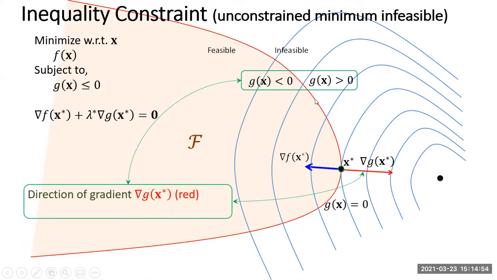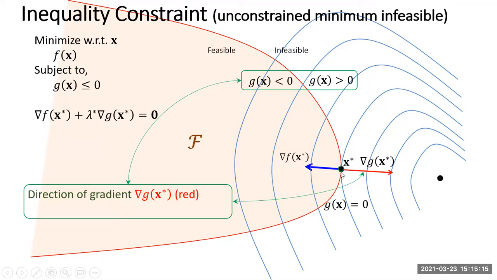So this is the direction of increase of g of x. This is where g of x becomes more and more negative. From here, if we move this way, g of x increases and becomes positive. Here g of x equals 0. If we move this way, g of x decreases.